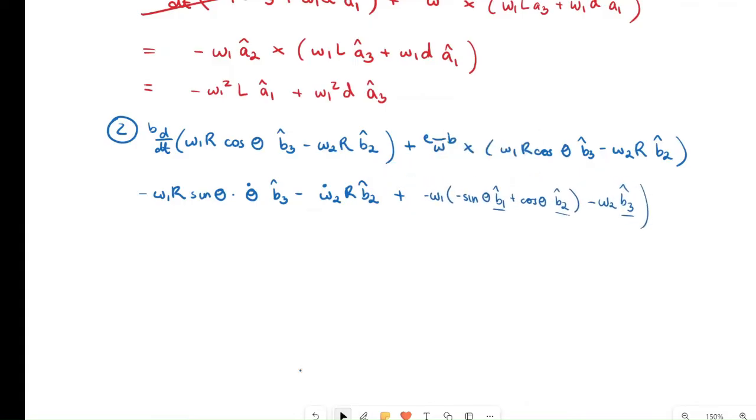Okay, so that's our omega B and E. And then we cross that with this ugly expression. I'm not going to write that in, just so we can figure things out step by step.